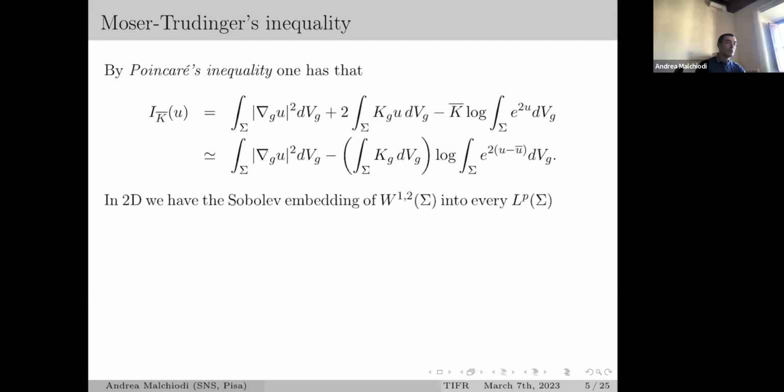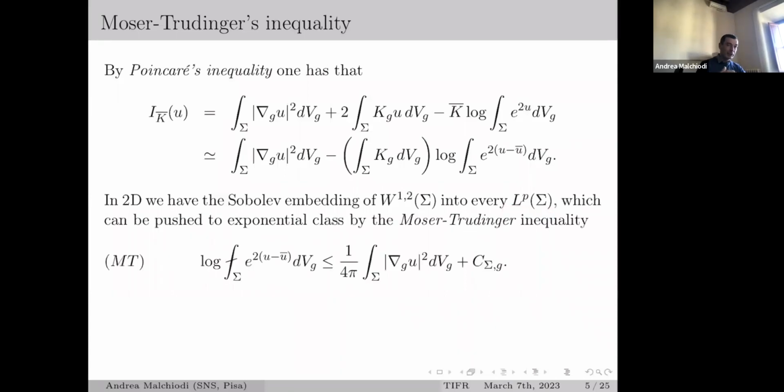Now, if you are in 2 dimensions, the space W^{1,2}, which means, I repeat, functions with gradient in L2, embeds into any L^p, but you can push the embedding to the exponential class by the so-called Moser-Trudinger inequality. There is also some previous work by Pohozaev, but most people still call it the Moser-Trudinger inequality.